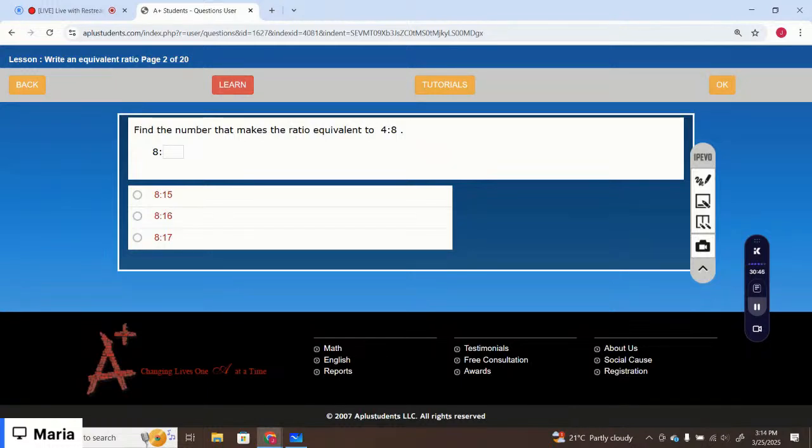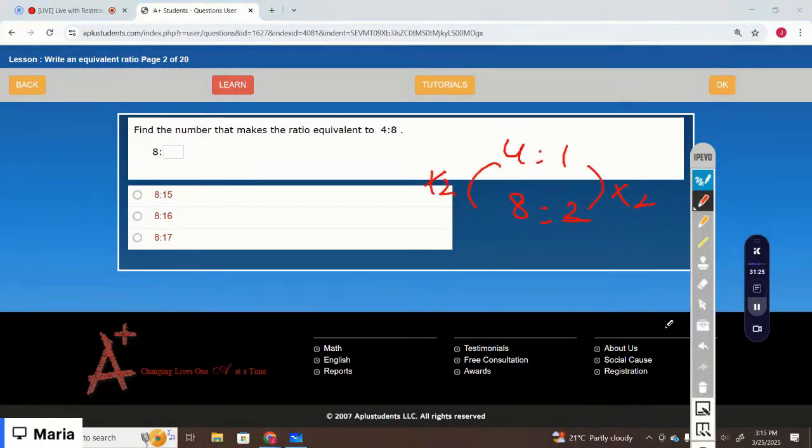Find a number that makes the ratio equivalent to 4:8. So which is the missing number? That is 4:8.